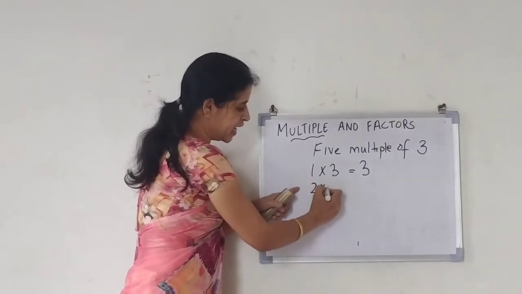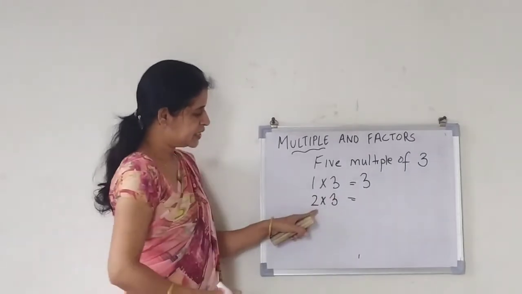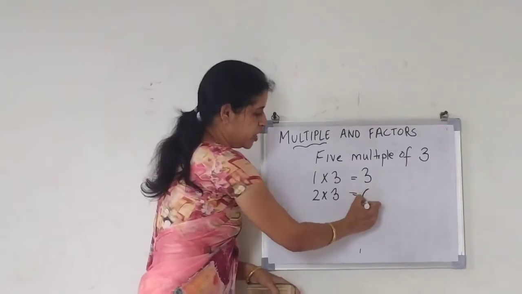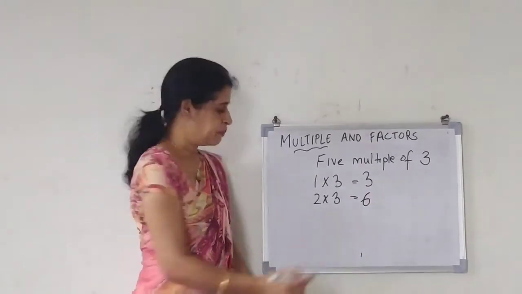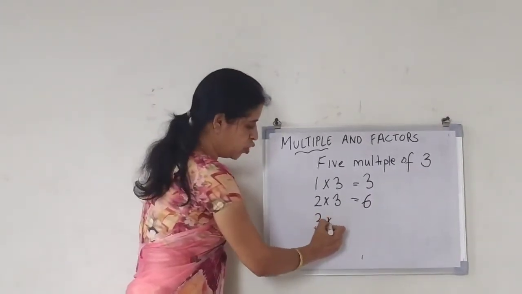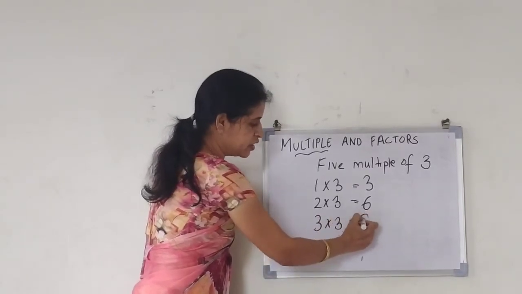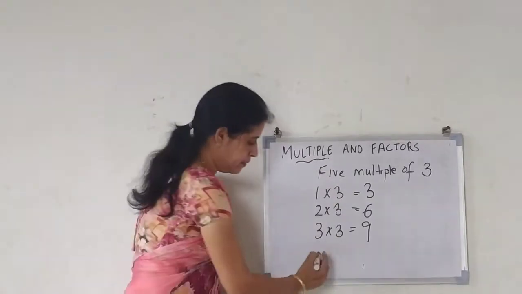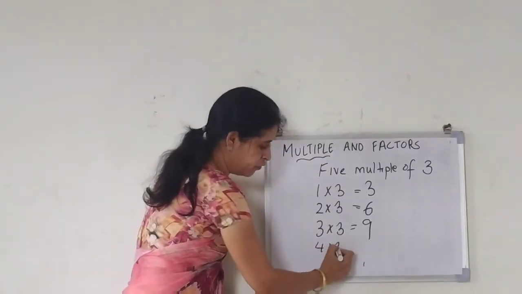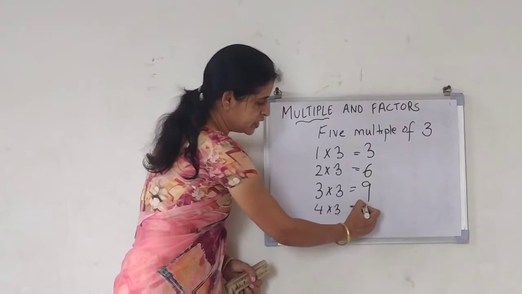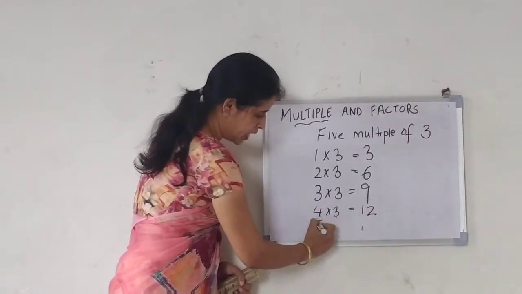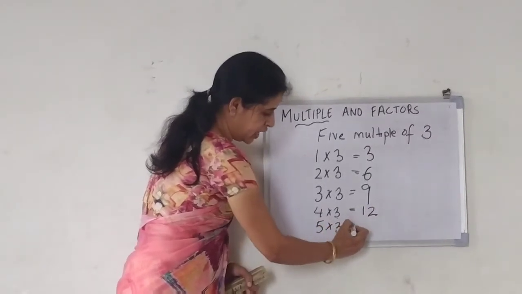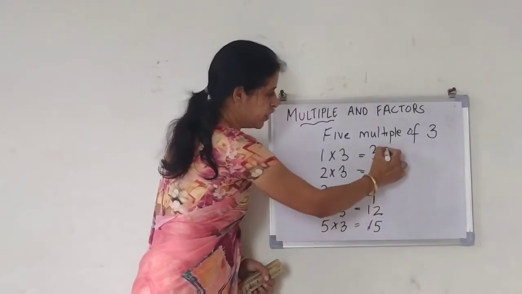Now let's find the second multiple of 3. Second multiple of 3 is 3 twos are 6. Third multiple of 3, you multiply the 3 three times. 3 threes are 9. Fourth multiple of 3 is 4 threes are 12. And the fifth multiple of 3 is 5 threes are 15.